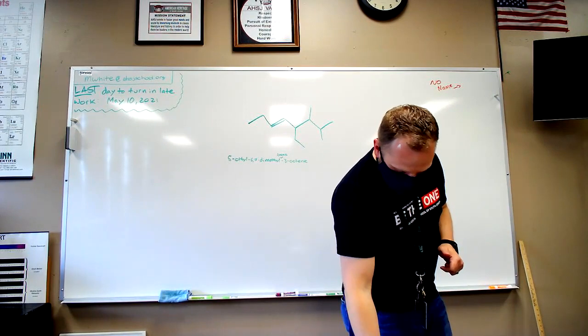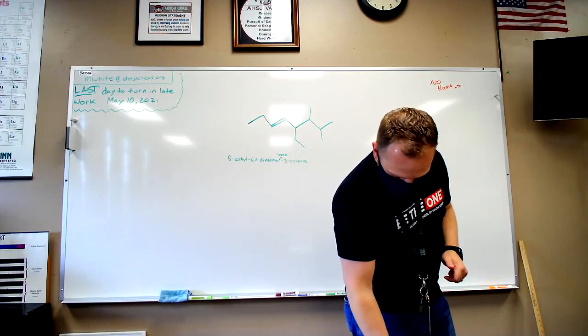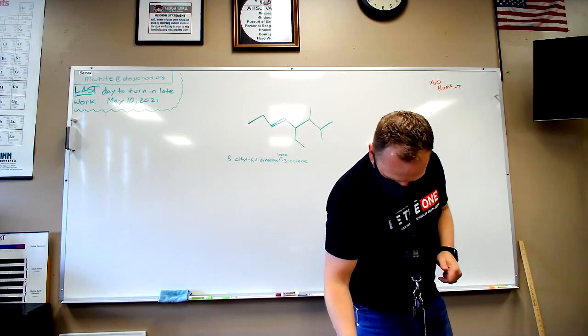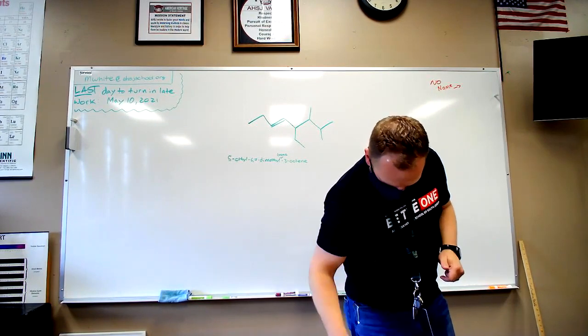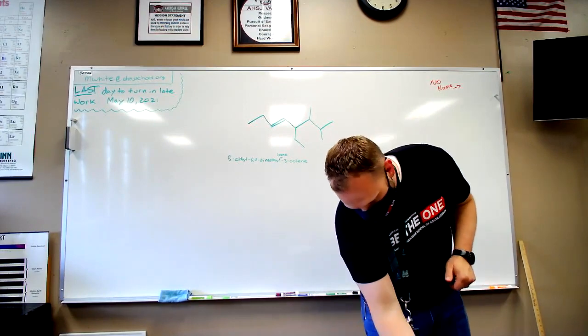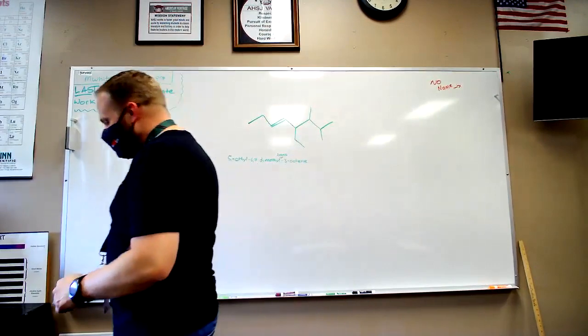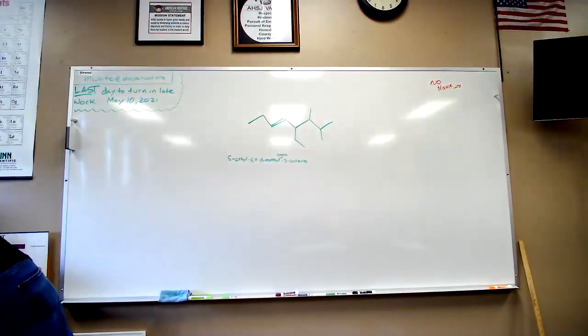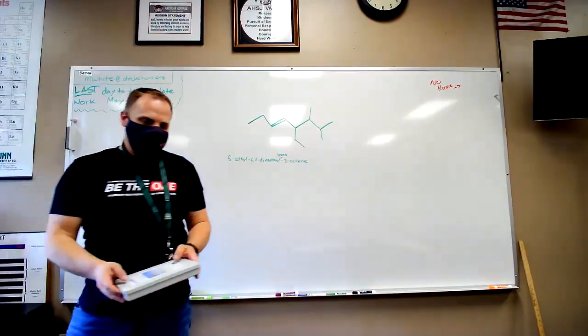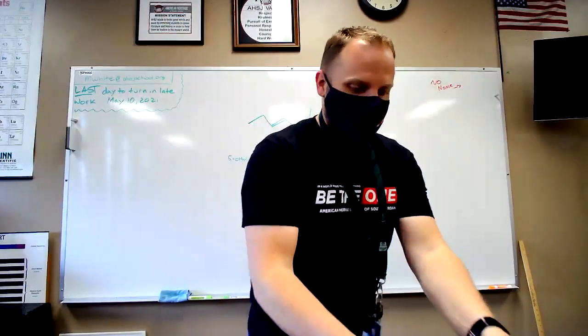So the last type of isomer that we need to discuss is the idea of chirality. This is kind of an interesting concept.